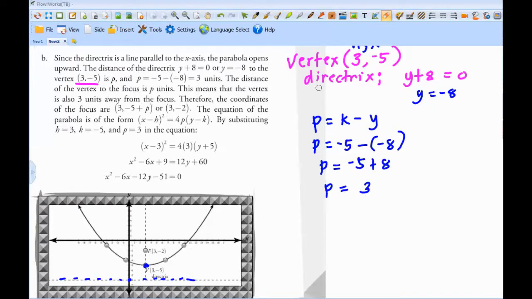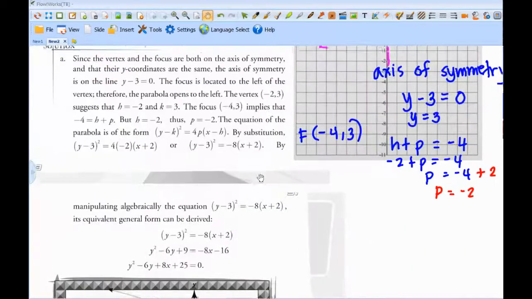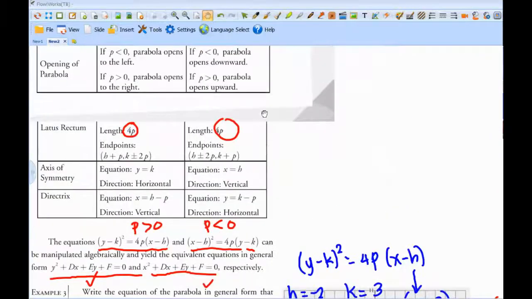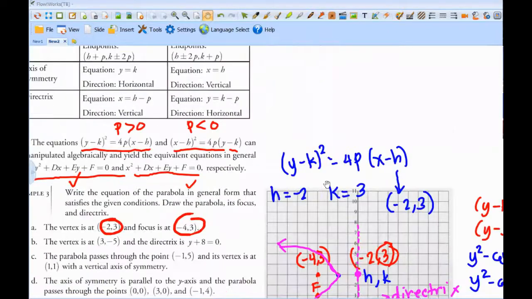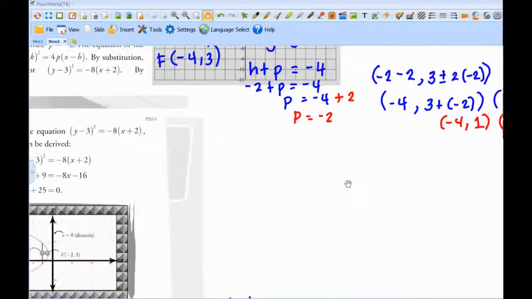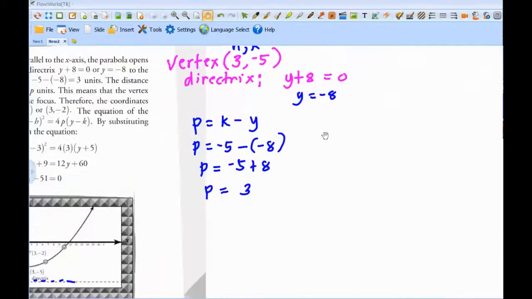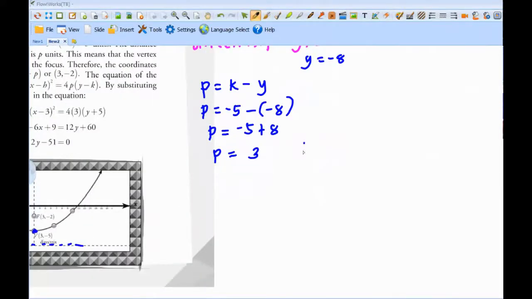So therefore, the coordinates of the focus are, what are the formulas of our focus? So let us go back to our formulas here. It opens to the right. The focus, it's at H and K plus P, right? So the focus is H and K plus P. So let's go with the focus H and K plus P. What's the value of the H that we got?